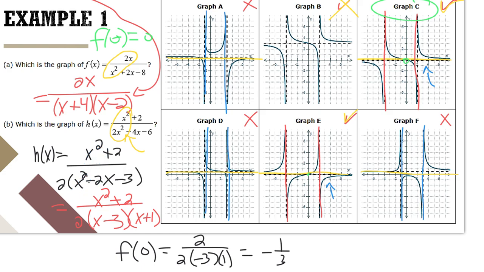Sorry, I plugged it into this one. So I put in a 0 here, I get -3, I get a positive 1 here. So again, just plugging in 0, we should get this, which we look for that. So at 0, it should be negative 1/3. At 0, it's definitely not this one.